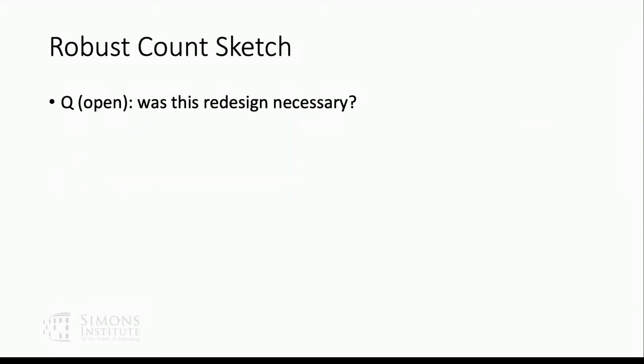So now we did all that work just to be able to apply that framework that works with IID samples. And I don't know if this redesign was necessary. It really feels that with count sketch as is, with the buckets, we should be able to somehow do the same.